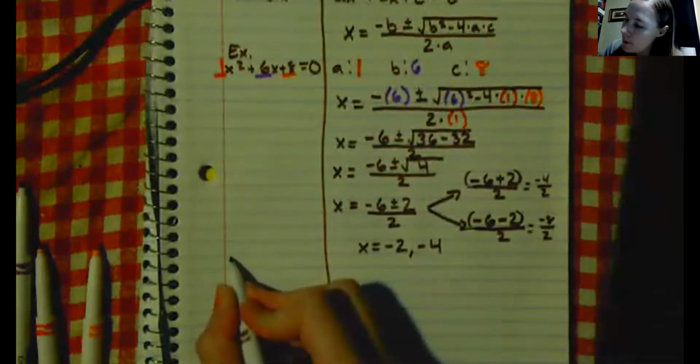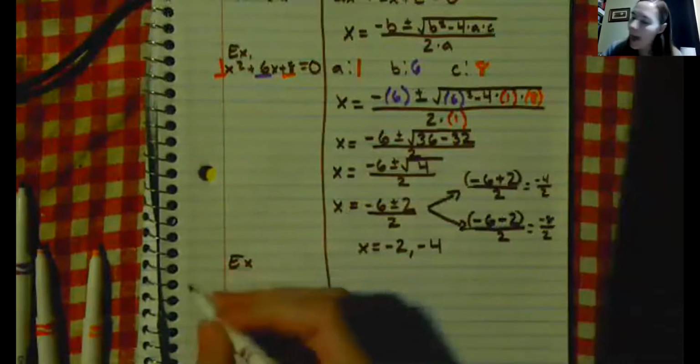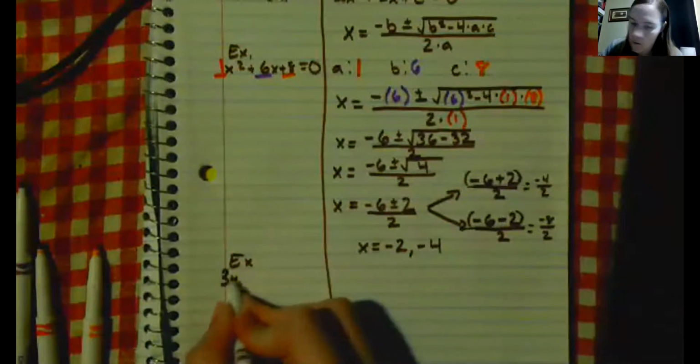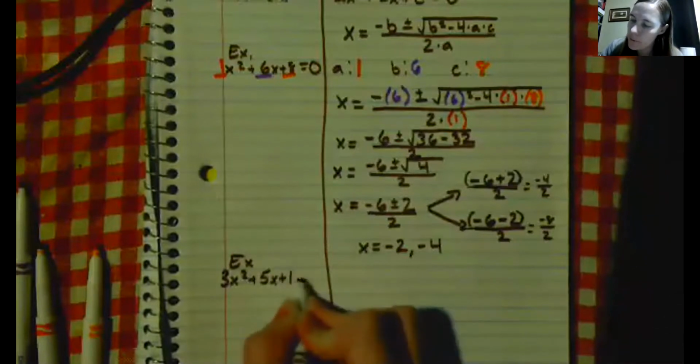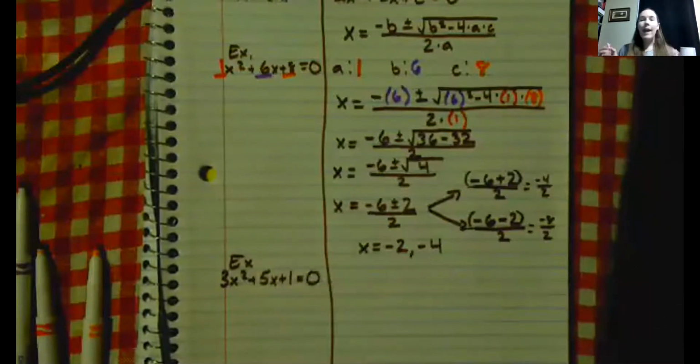So for example, say we had 3x squared plus 5x plus 1 equals 0. We can't factor that, so we have to use our quadratic formula.